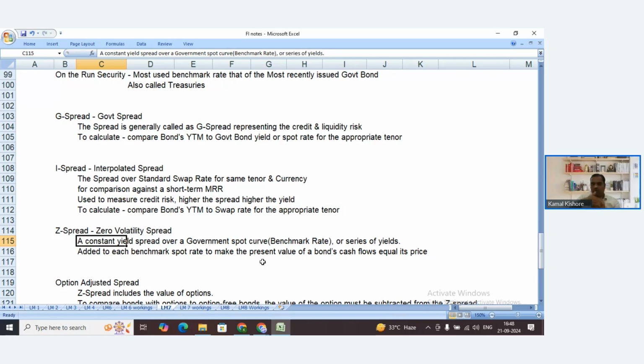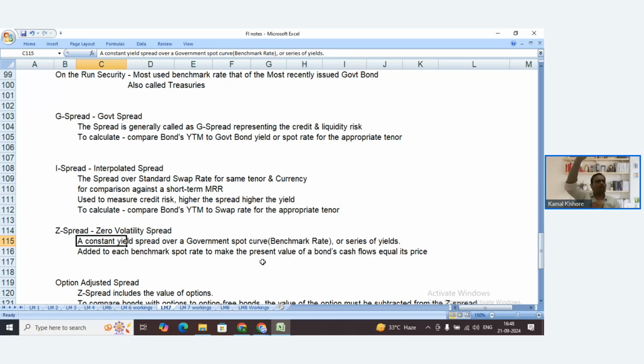What I want is, I do not want the government bond yield. I want risk, then I'm looking at a risky bond yield. I want 2% extra, I want 200 basis points extra. Spread is generally referred to in terms of basis points. How many basis points is equal to 1%? 100. I think we have discussed this. Spread is generally in BPS.